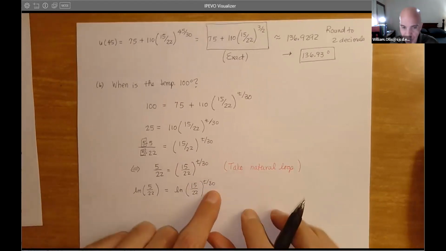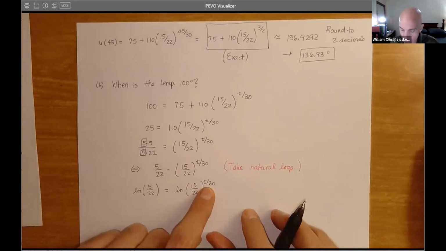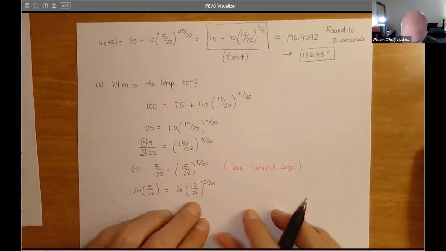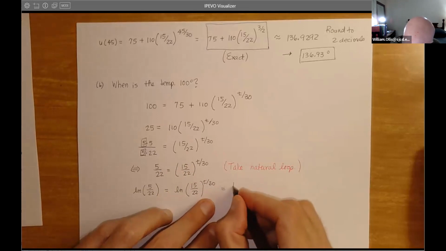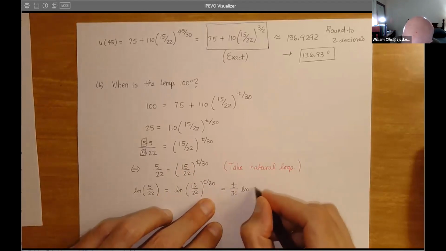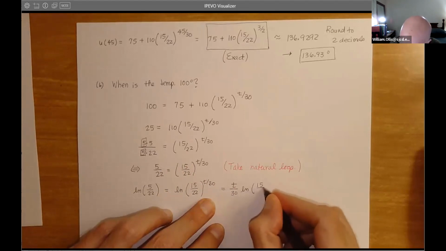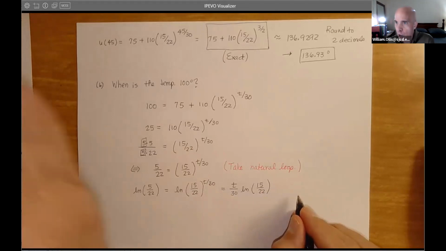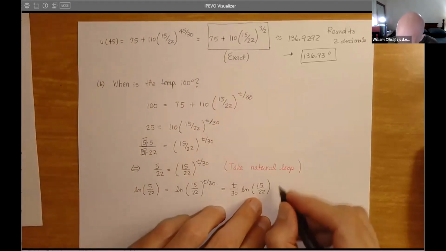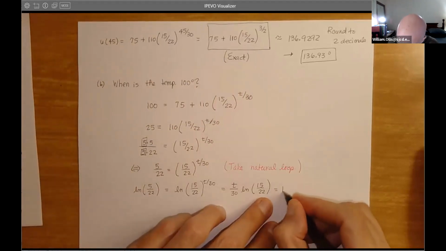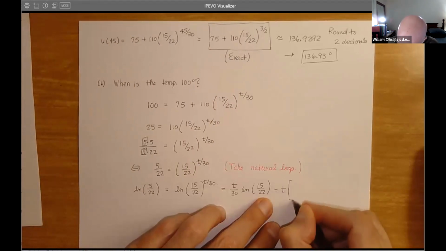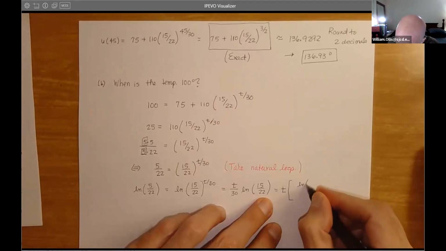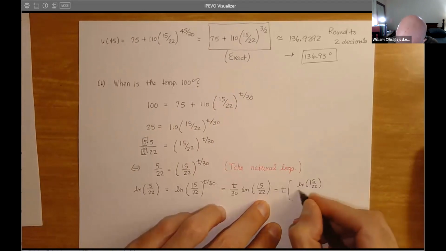Now, of course, we can apply the power rule and the t/30 will descend and become a coefficient. So t/30 times the natural log of 15/22. Now let's clean this up a little bit and move all the riffraff to the right to isolate the t.